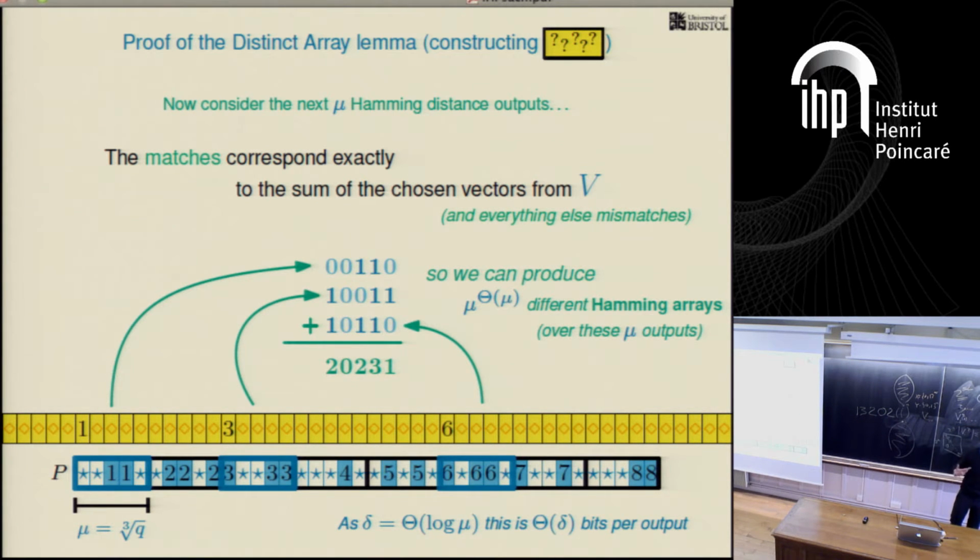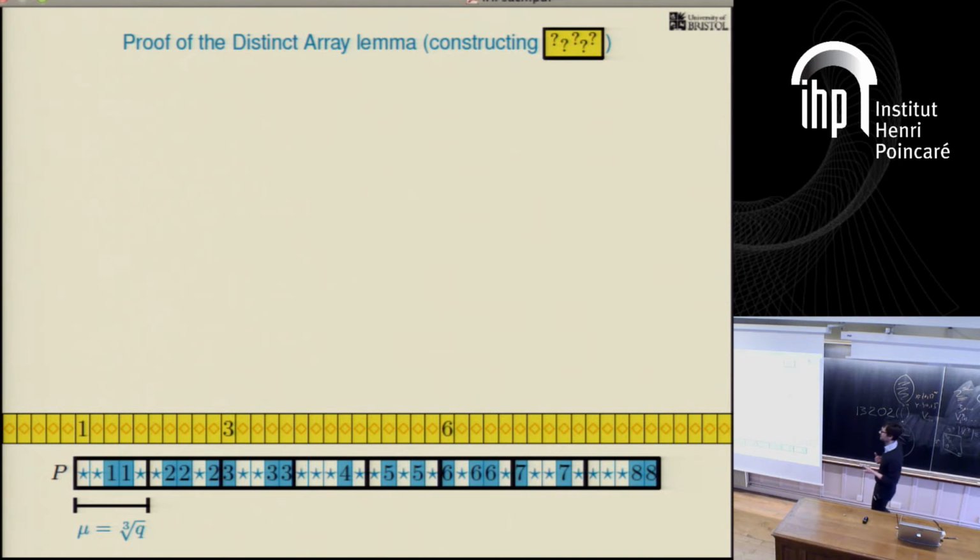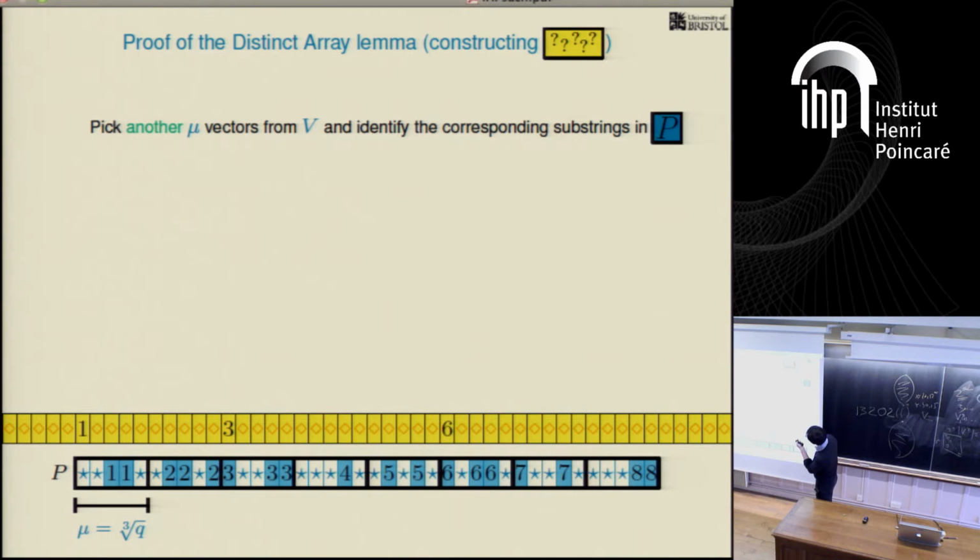Of course, I have to be able to repeat this argument lots and lots of times, and fortunately, you can. So I'm going to try to repeat playing this game. Now I'm going to pick another mu vectors from V and identify the corresponding substrings. So I've now picked these 3 vectors from V here.